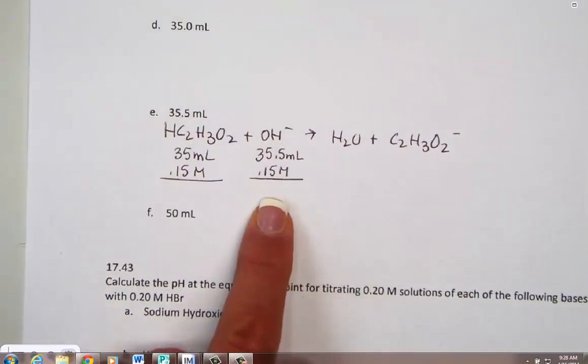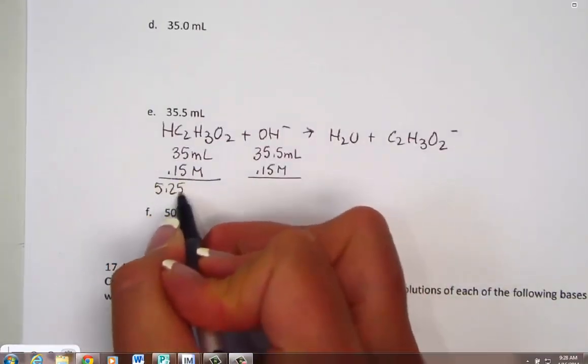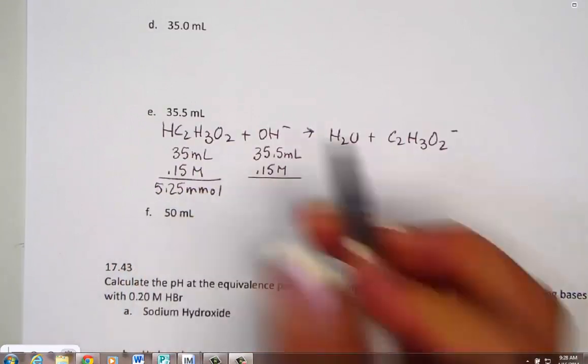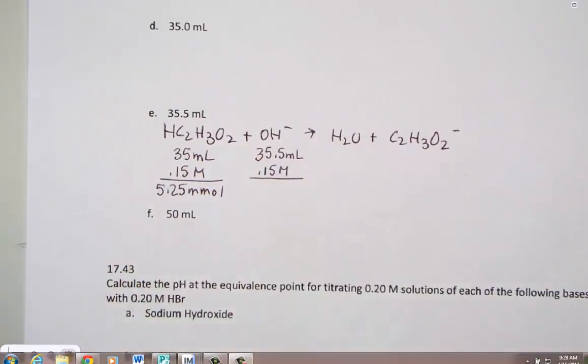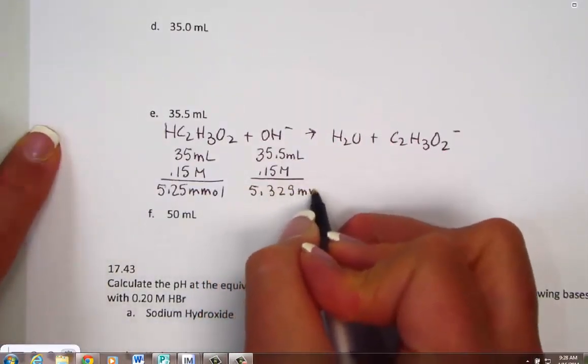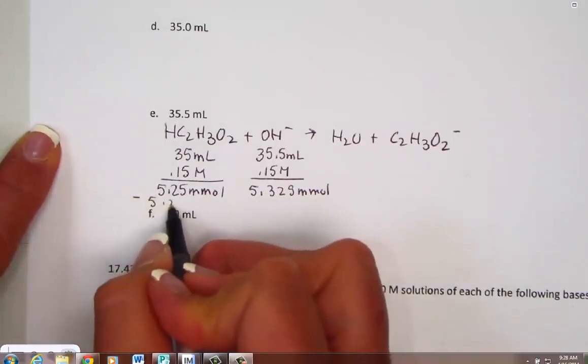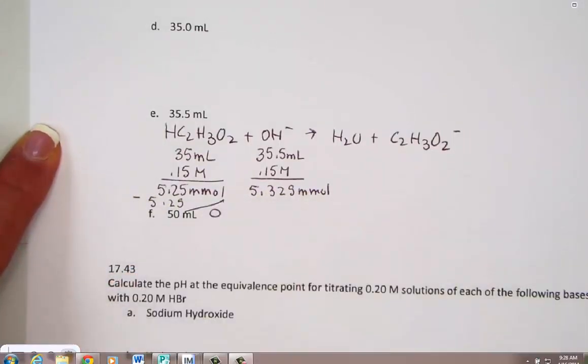So let's see, how many millimoles of each do we have? I have 5.25 millimoles of our acid. 35.5 times 0.15 is 5.325 millimoles of the base. The acid is gone.